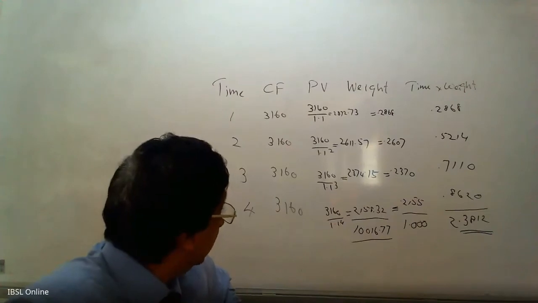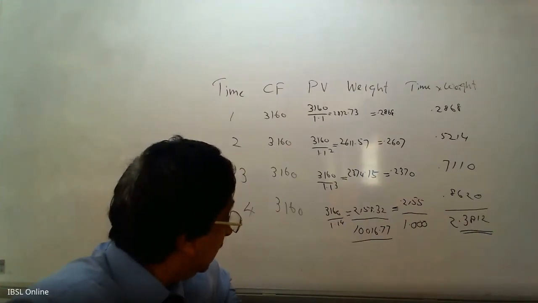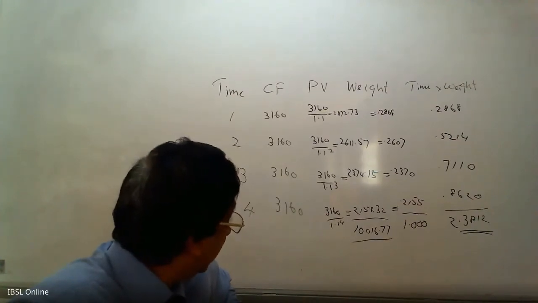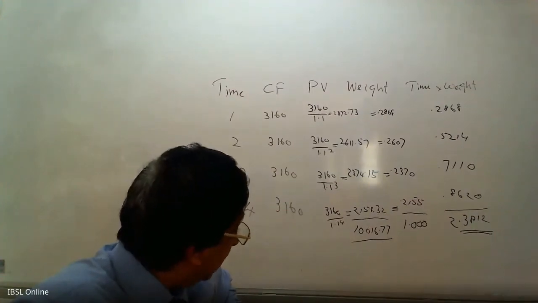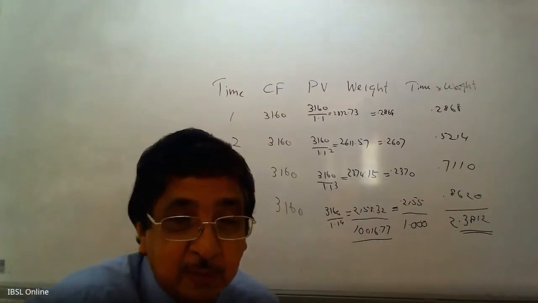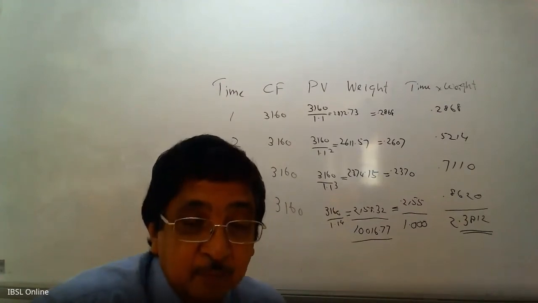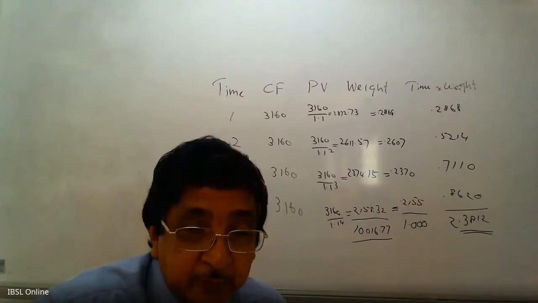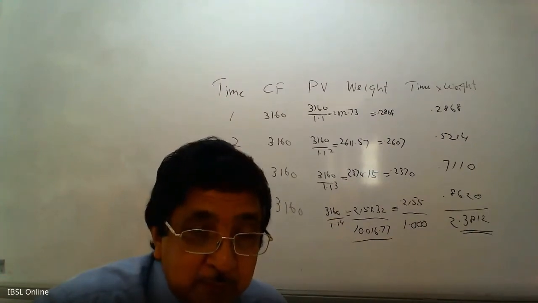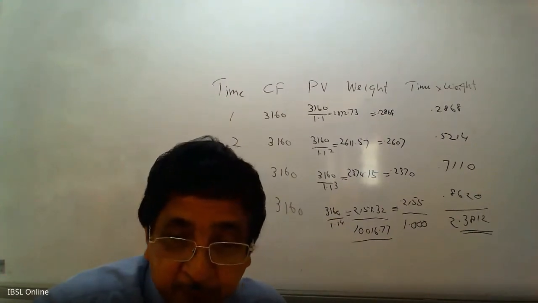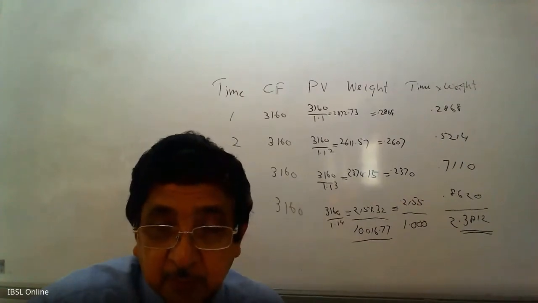Third one would be 3160 into e to the power minus 3 into 0.1. Number 4 would be 3160 into e to the power minus 4 into 0.1. So these things will come on the continuous compounded basis. For your interest, I will do that on that basis also. I don't know whether it is required.